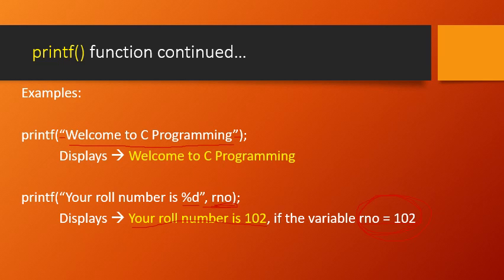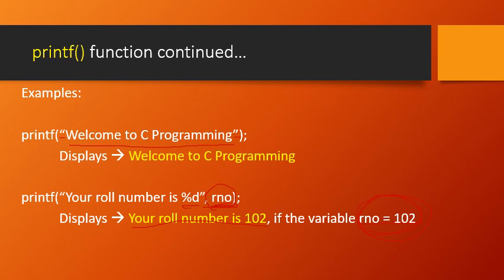But there is a slight change here. It is not displaying %d. Rather, it is displaying the value that the RNO variable stores. This is the advantage of using the format specifier.